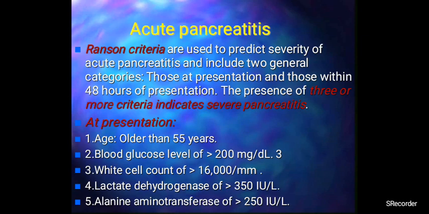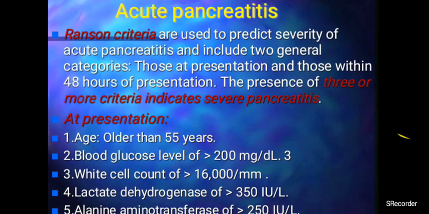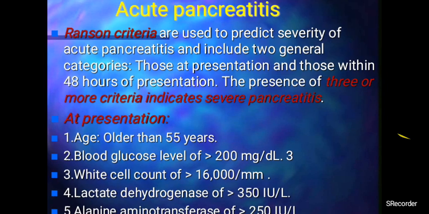Further in this slide, there is what we call the Ranson criteria, which is used to predict the severity of acute pancreatitis and includes two general categories: those at presentation and those within 48 hours of presentation. We should note that the presence of 3 or more criteria indicates severe pancreatitis.